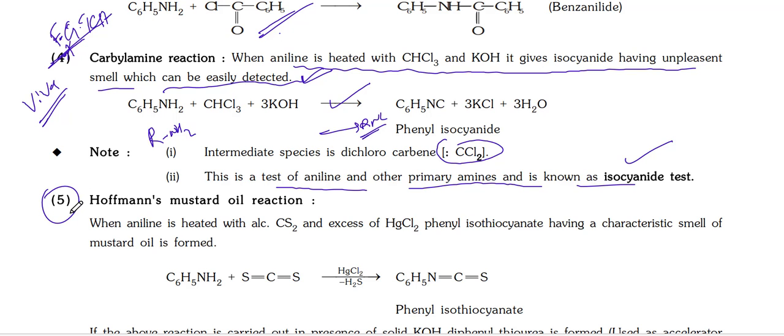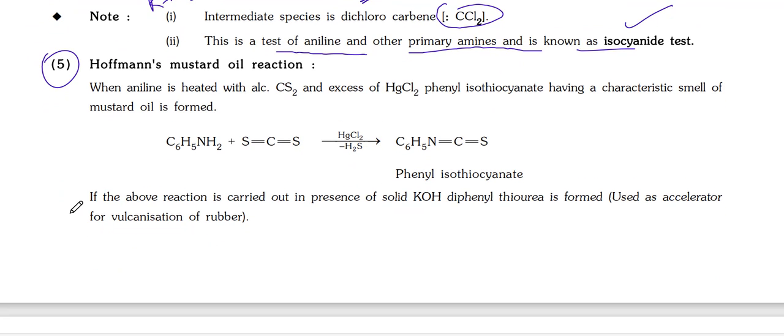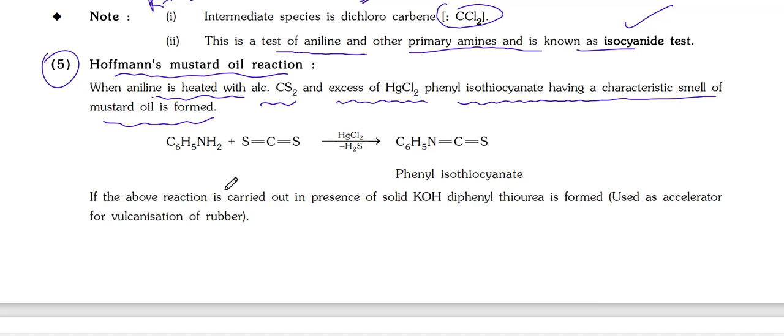Next, Hoffmann's mustard oil reaction. See, actually these all reactions we discussed in the aliphatic, that's why I am moving fast. Hoffmann's mustard oil reaction: when aniline is heated with alcoholic CS2, carbon disulfide, and excess of mercuric chloride, phenyl isothiocyanate having a characteristic smell of mustard oil is formed.